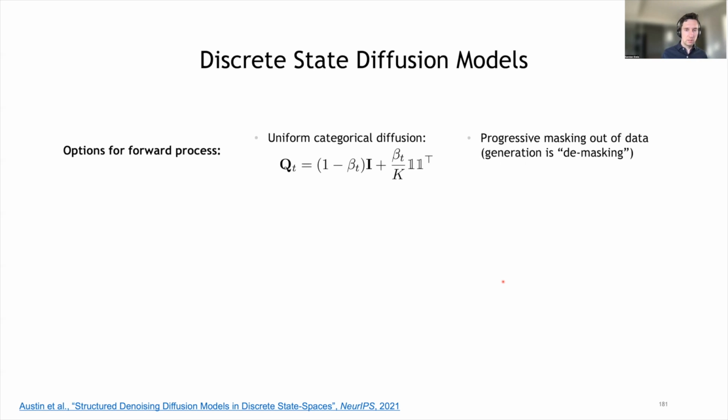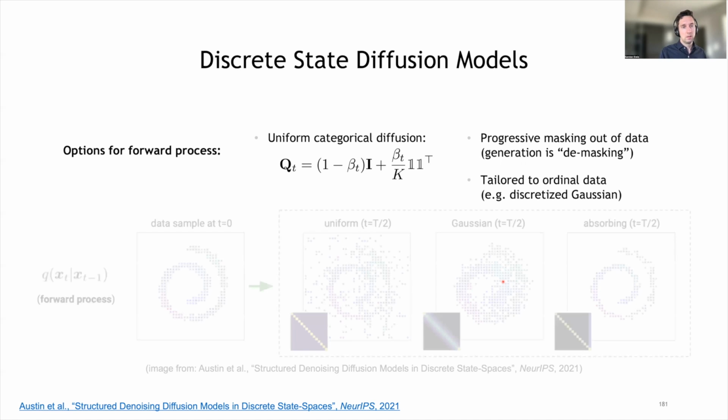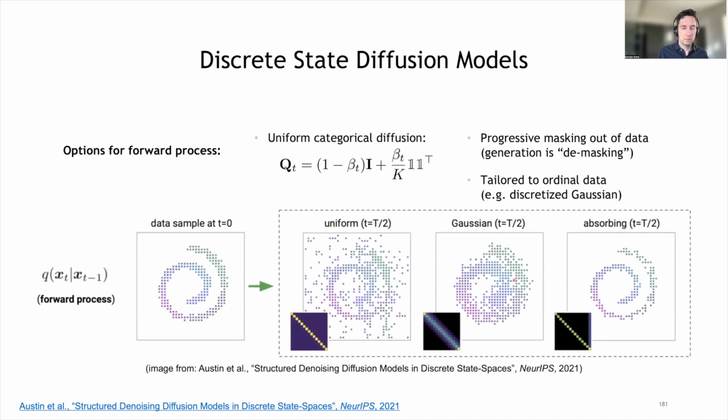We can also analytically sample from such a distribution, so it's also well suited for a diffusion model. We can also tailor our diffusion processes to ordinal data and use something like a discretized Gaussian diffusion process. That's also possible.